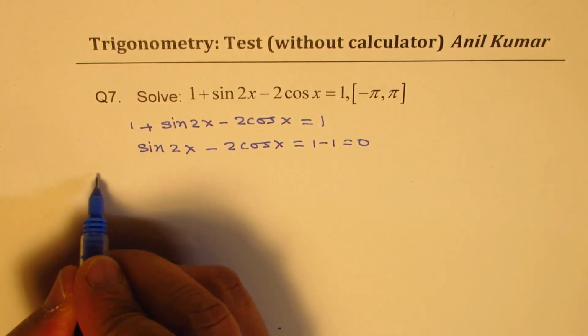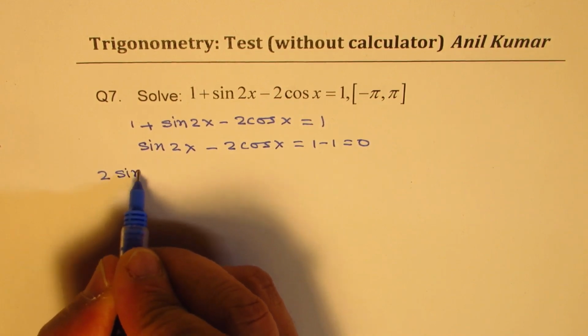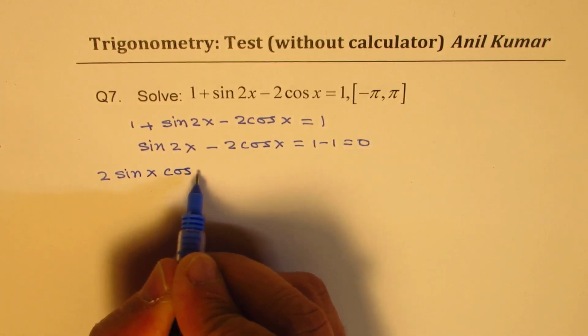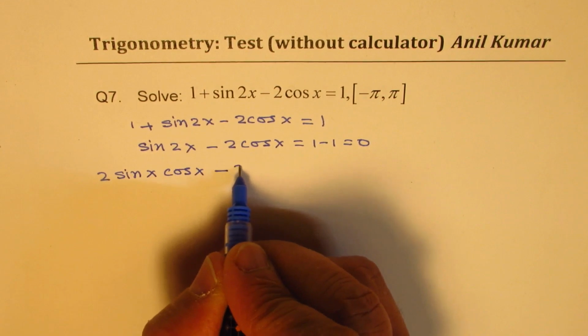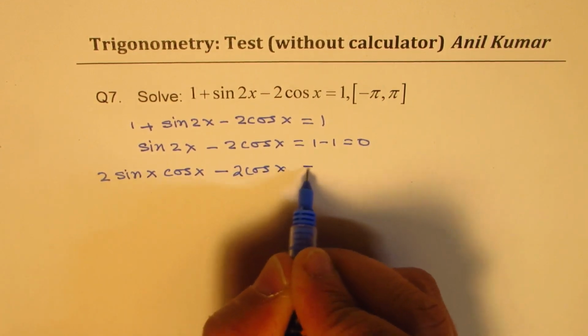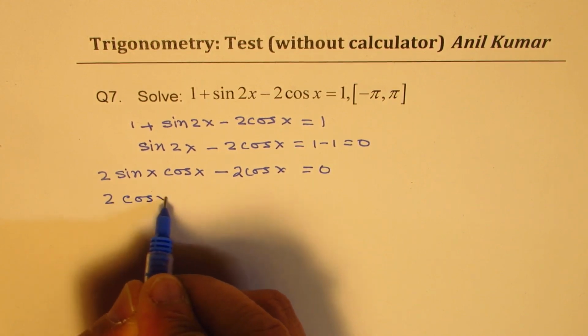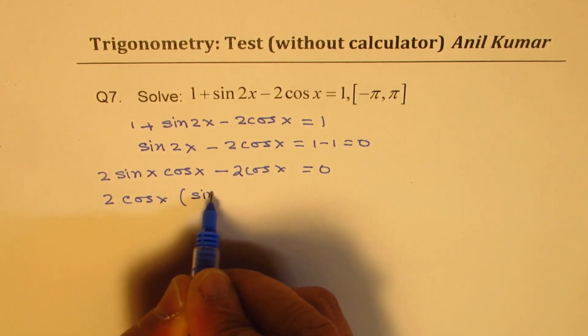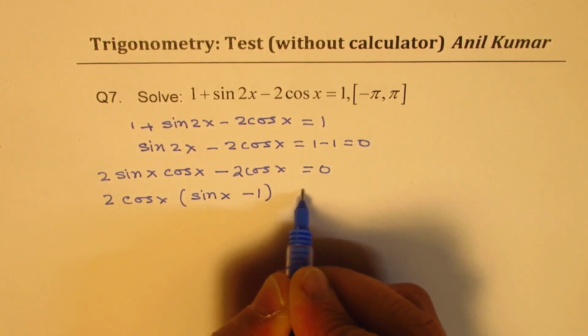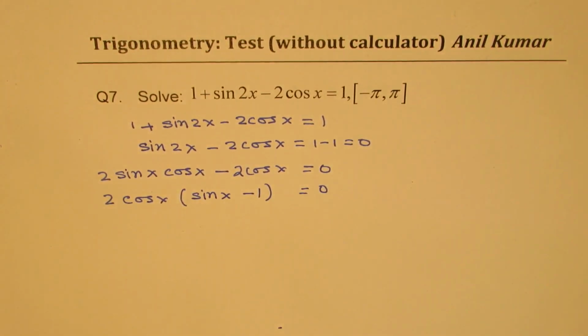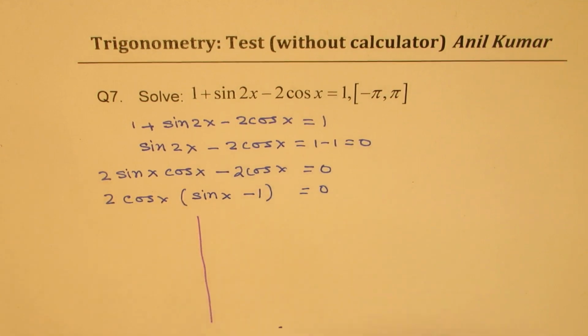Now sine 2x can be written as 2 sine x cos x. And we have minus 2 cos x here equals 0. 2 cos x can be taken as common. So we get 2 cos x times sine x minus 1 equals 0. So that gives us two possible solutions.